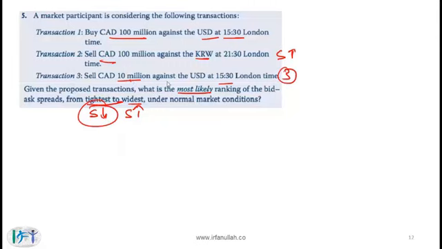A, the timing is when both the US market and the London market, so New York and London, are both open. So that means spreads are low. The currency pair is heavily traded and the transaction amount is relatively low. So the spread is going to be low. So this 3 is going to be the tightest.